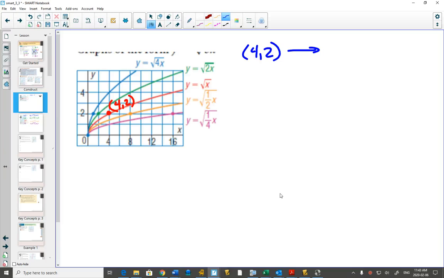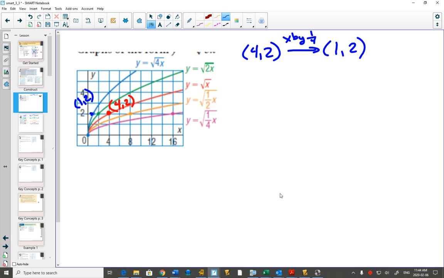But instead, you're going to multiply x by 1/4, which is technically the same as dividing by 4, but we're going to always write multiplying by the reciprocal. So I take 4, do the reciprocal, which is 1/4, and I multiply by that. When I multiply my x-coordinate by 1/4, I get 1, 2.